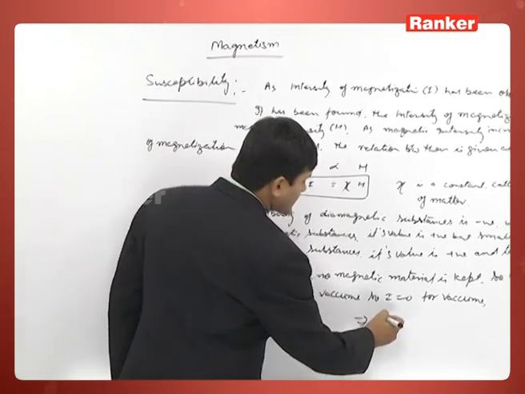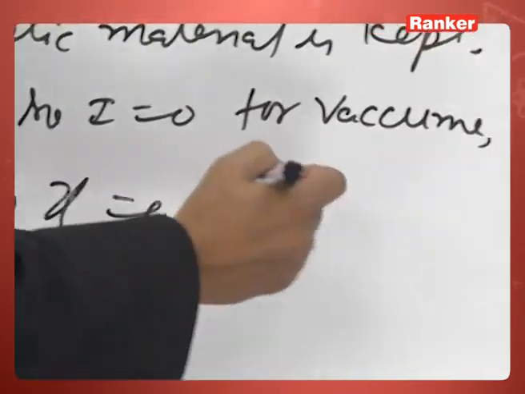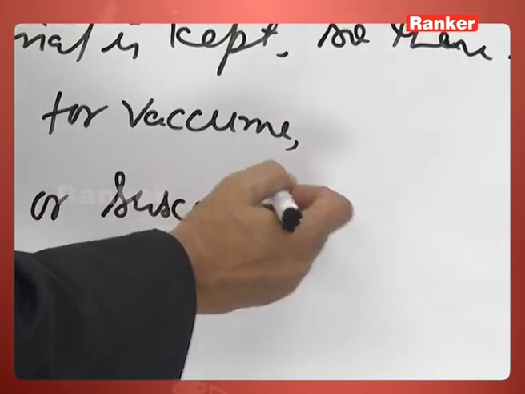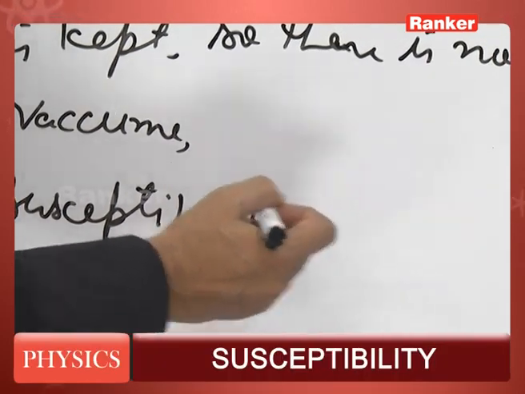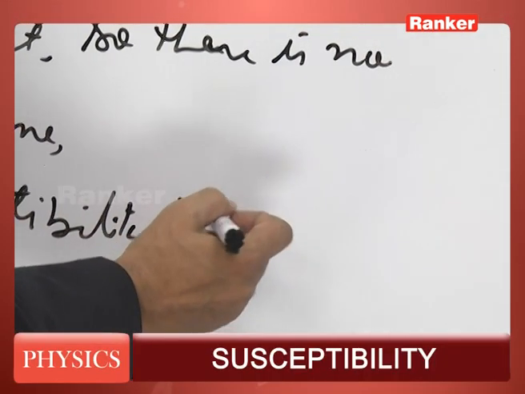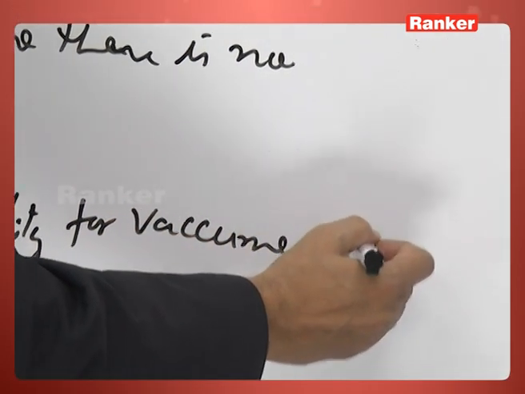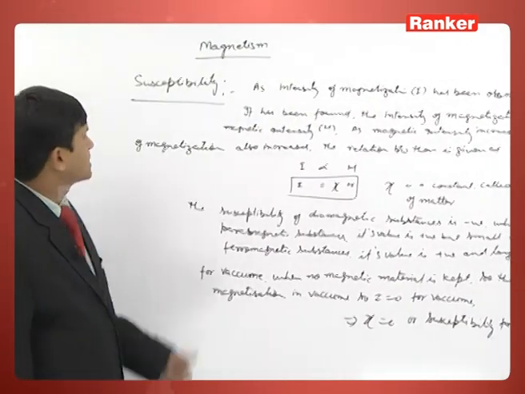Susceptibility for vacuum is 0. This is the meaning of susceptibility here.